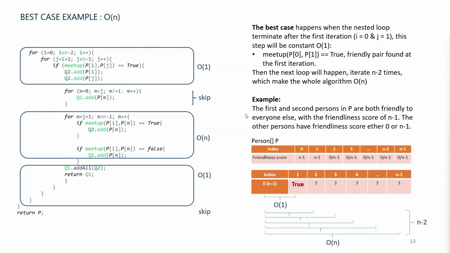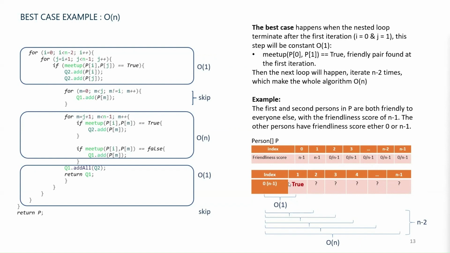Example: the first and second person in P are both friendly to everyone else, with a friendly score of n minus 1. The other persons have friendliness score either 0 or n minus 1. This doesn't matter for this case.